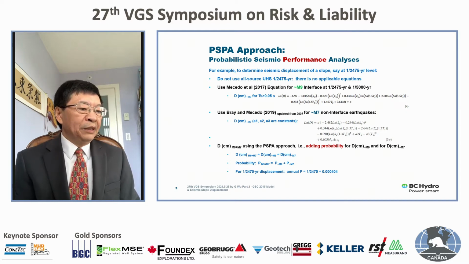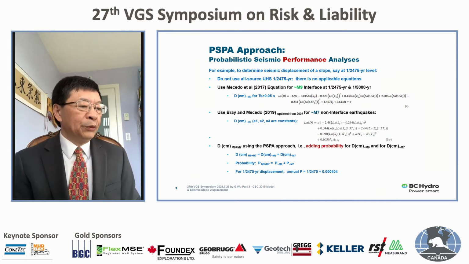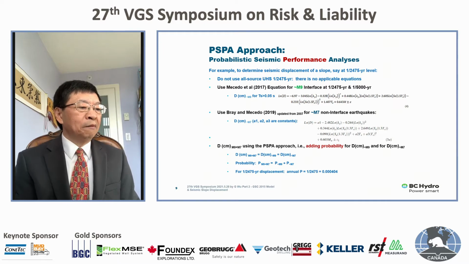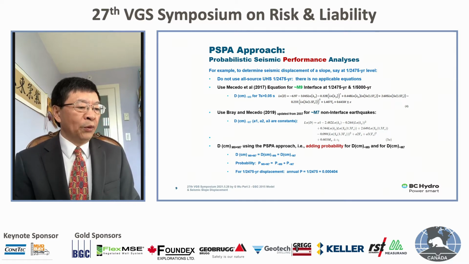So when you do the seismic PSPA method, you basically take the same displacement from the two equations and find the probability for each of the source zones.